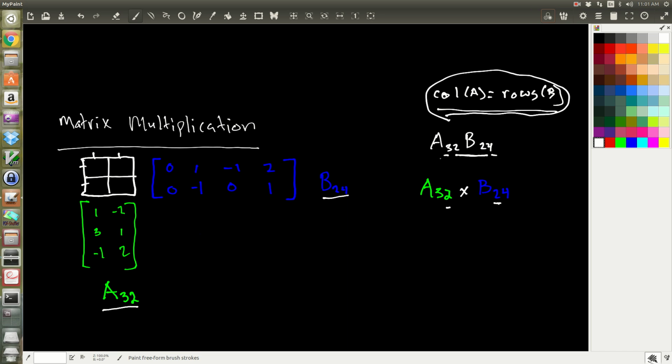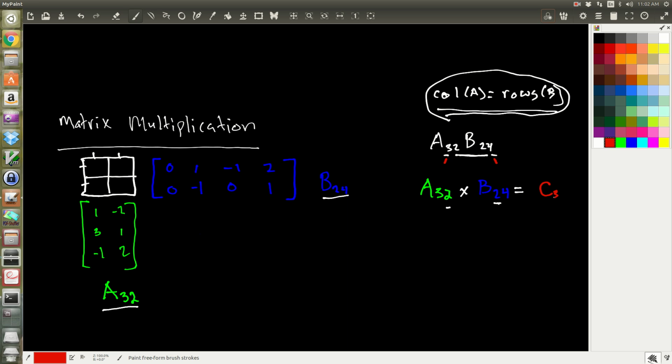Okay, and it's also convenient because when we multiply two matrices together, the resulting matrix, I'm going to call it C here, how many rows and how many columns is it going to have? Well, its dimensions are going to be the outer dimensions. So it's going to have 3 rows and 4 columns.